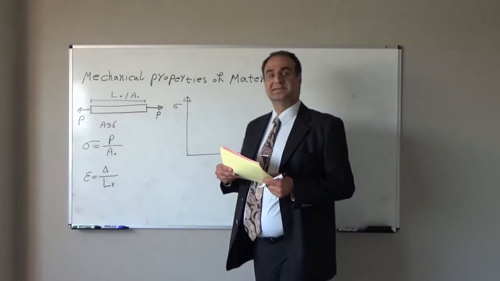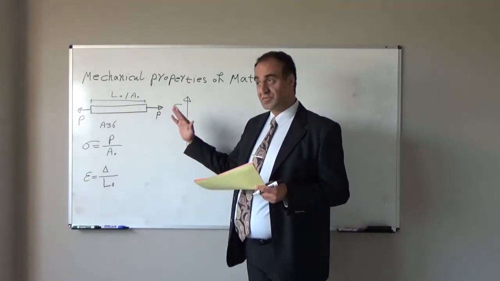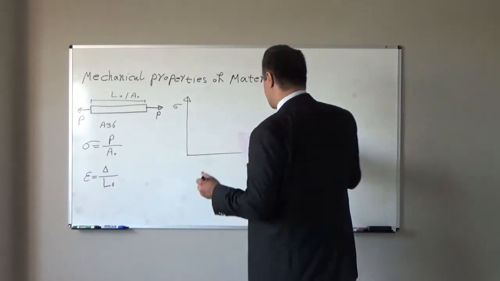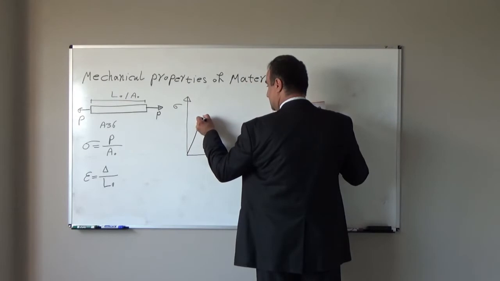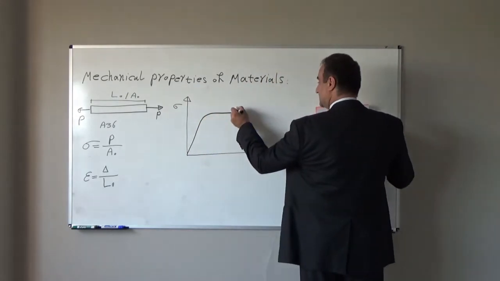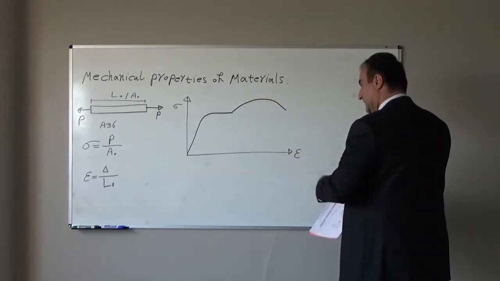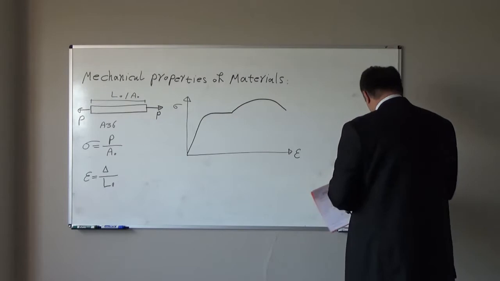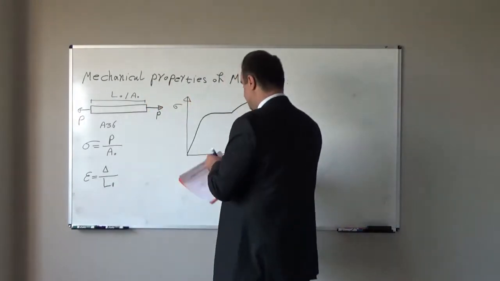If we conduct this test on A36 steel, for example, we will end up with one curve, something like this. It will come like this, then like this, then like this. It will go up and come down, something like this. Let me show different points on this curve with different color.